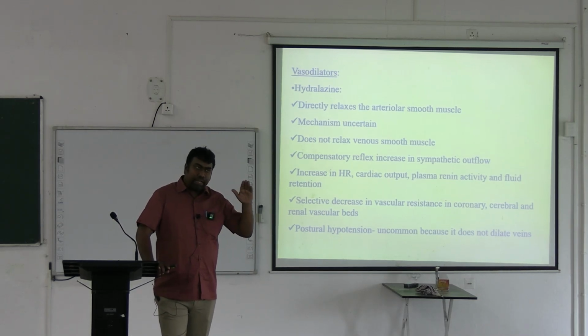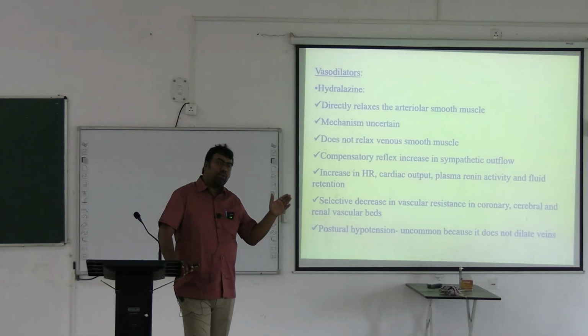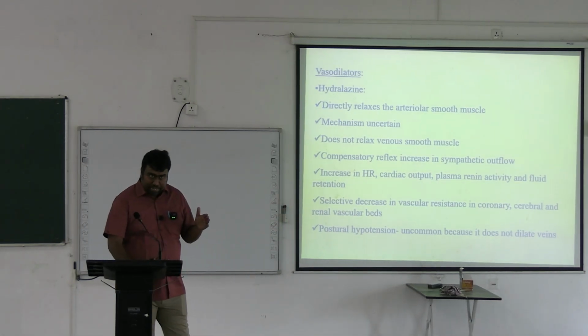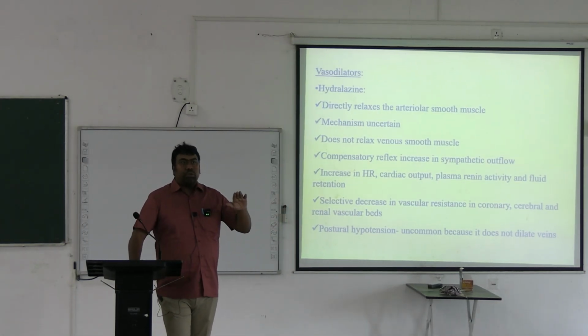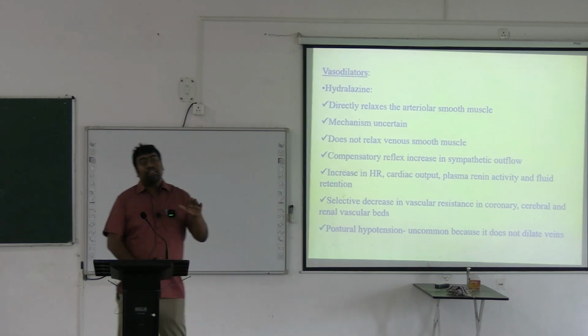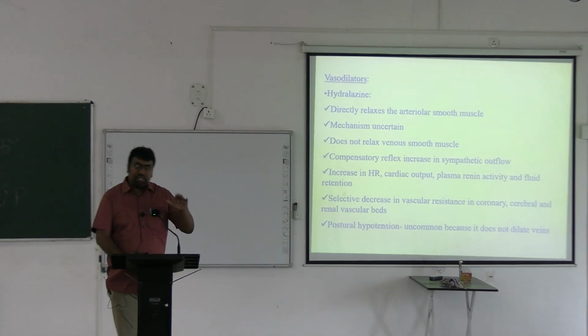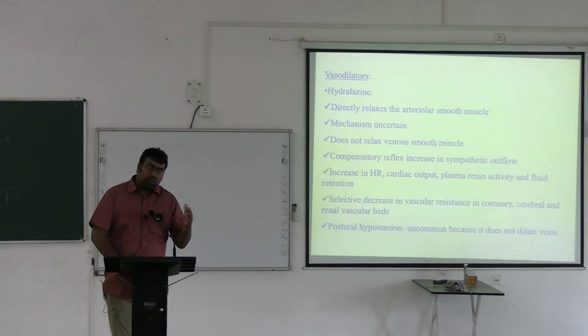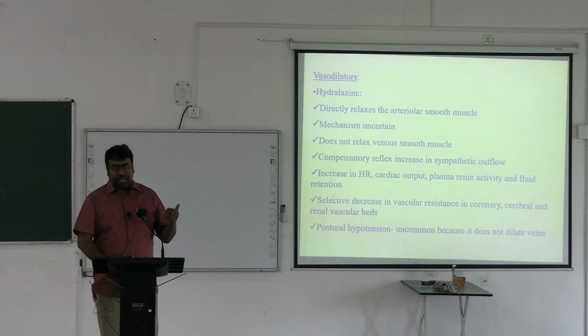So there may be some situations when we have to use an arteriolar dilator with a beta blocker. Why? The beta blocker will block the sympathetic stimulation which is caused by the reflex tachycardia. ঠিক আছে?